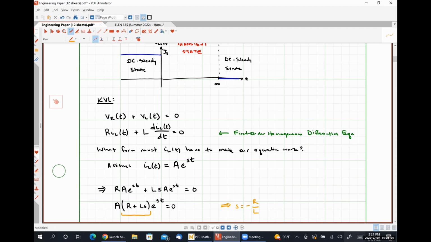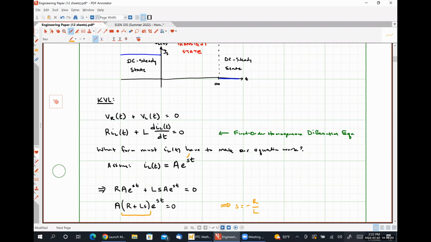So we figured out what S has to be. So we know this bit right here. Well, now we need to figure out what A is.